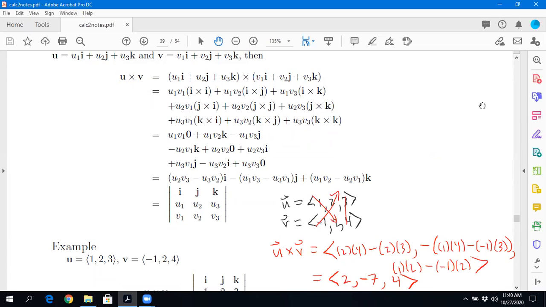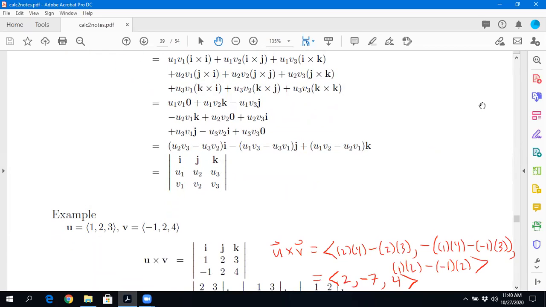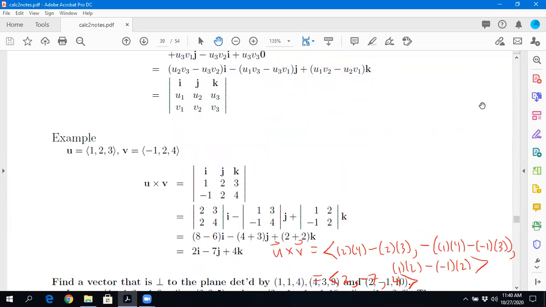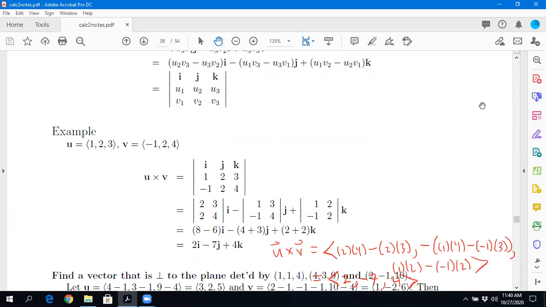So yeah. But I also want to show you how this thing is done. I have this thing in here in matrix form as well. So let me just go down here. You cross out the first row and first column, and you go 2, 4, 2, 3. 2 times 4 minus 2 times 3 is 8 minus 6, which is 2.